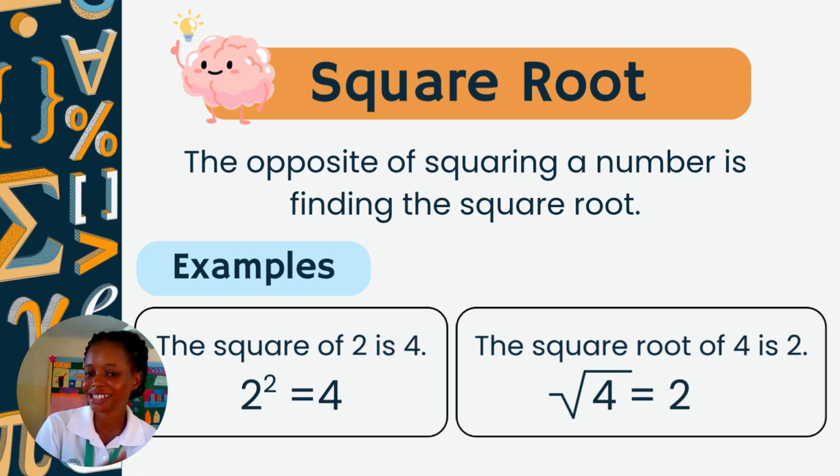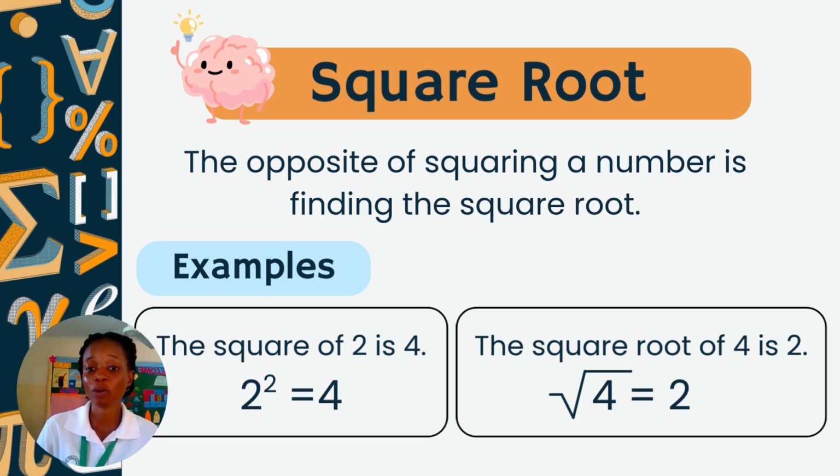The square root of 4 is 2. You can see that they are opposites of each other. 2 times 2 gives you 4, while the square root of 4 is 2.